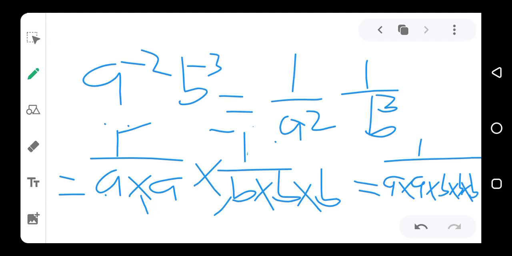So this is the answer: 1 over a times b times b times b. So this is how to find the inverse or index form of a negative power. I also believe that this is very, very clear.